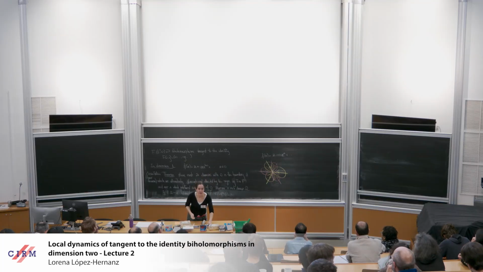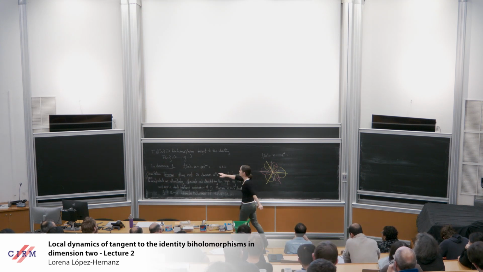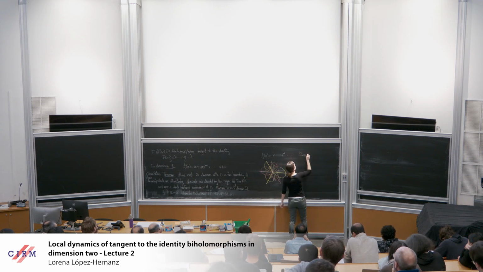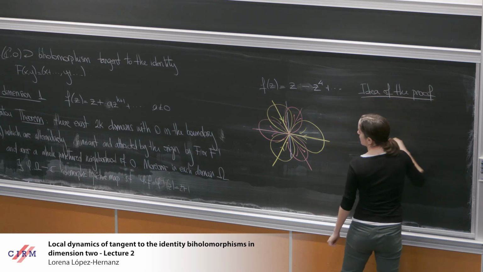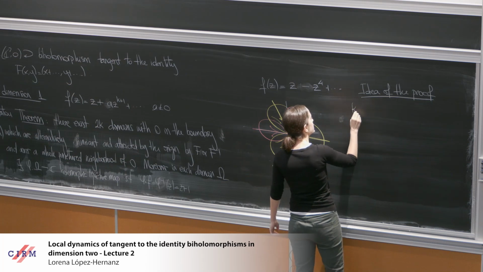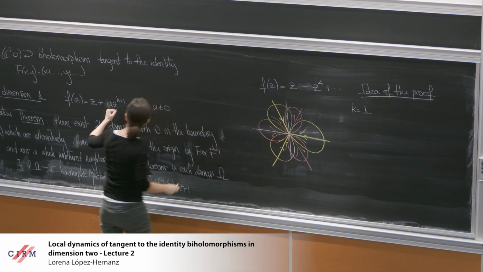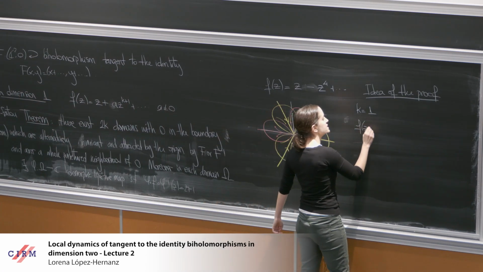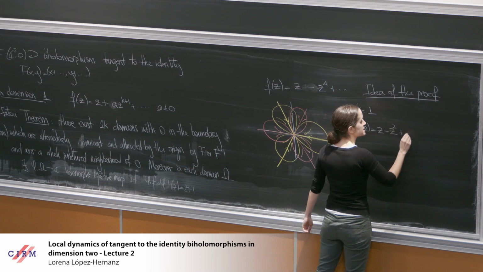Okay, so just to give an idea of the proof, I will work only with k equal to 1, otherwise it's just a ramification. So the behavior we find is reasonable, because in this case we have f of z, which is z minus z squared plus higher order terms.